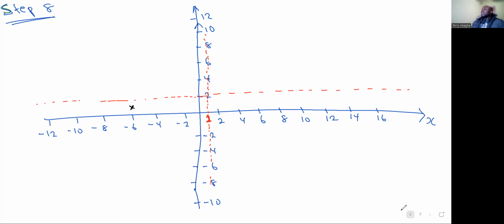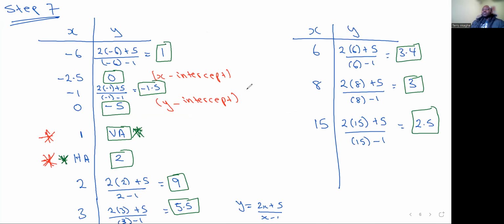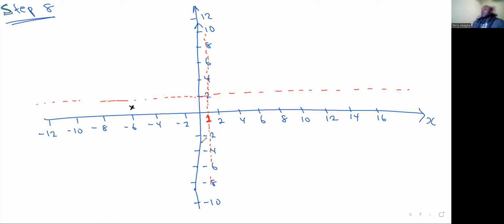To make it a little bit more interesting, you can also plot the x-intercept and also plot the y-intercept. We know that the y-intercept is at -5. So let's plot the y-intercept. This is -5 here. Are you seeing it? Oh, sorry, that can be -5.